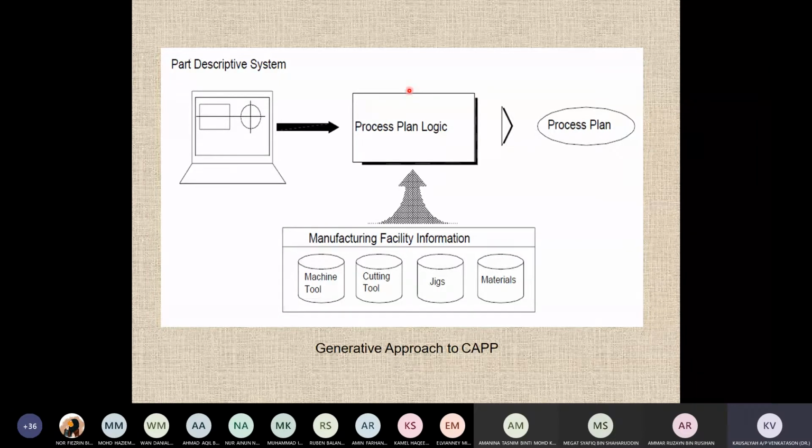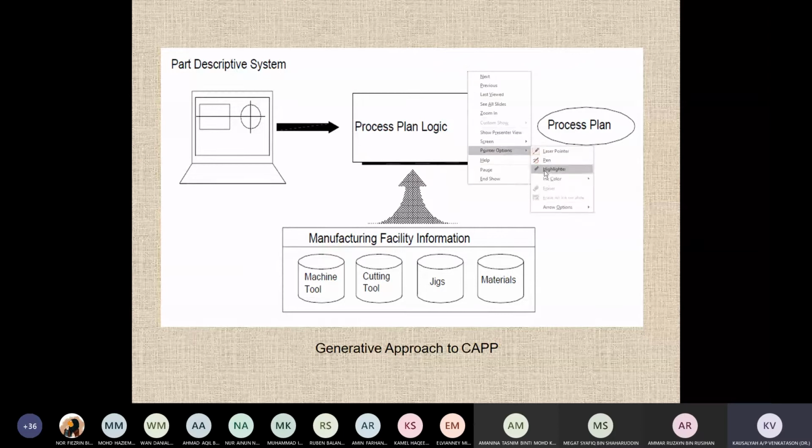But the process plan logic is now in the CAM environment. So from the CAM environment, let's just say now you're going to simulate a drilling motion in CAM. So, of course, CAM being CAM, I can just have, let me try the pointer again.